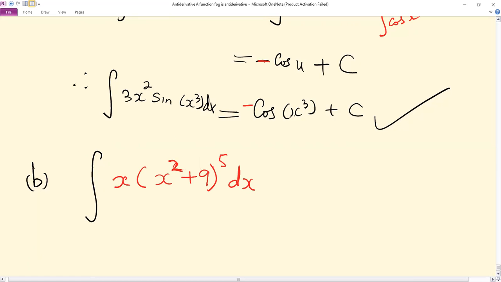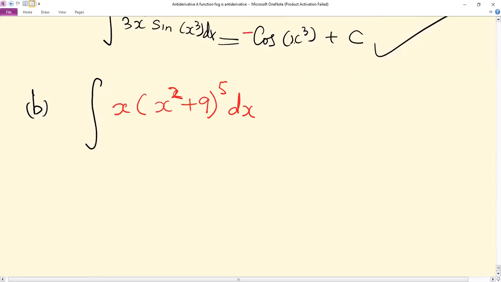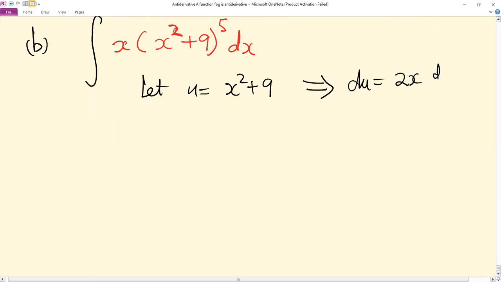So that would be the best choice for u, so that the x we get in the derivative will cancel with this other x here. So let u be x squared plus 9, which means du will be 2x dx, which means dx alone will be du over 2x.